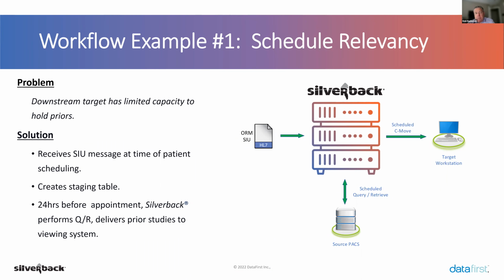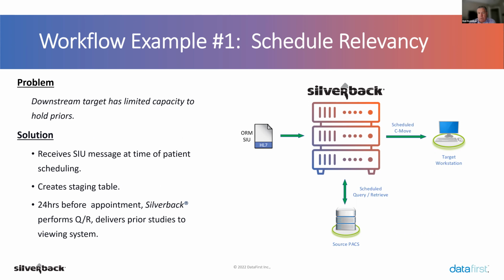So for example, if you have a patient that has a mammogram scheduled for December 1st of this year, and that's scheduled today, we'll go out, we'll grab all those relevant priors from an information perspective and stash that in a staging table.